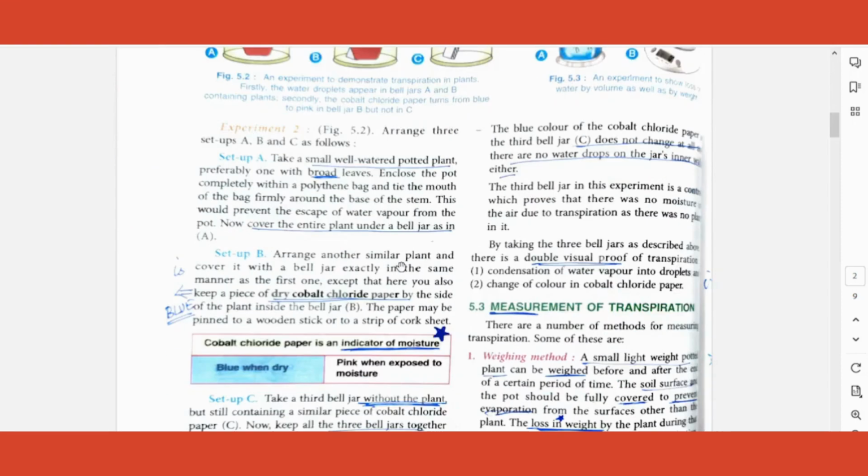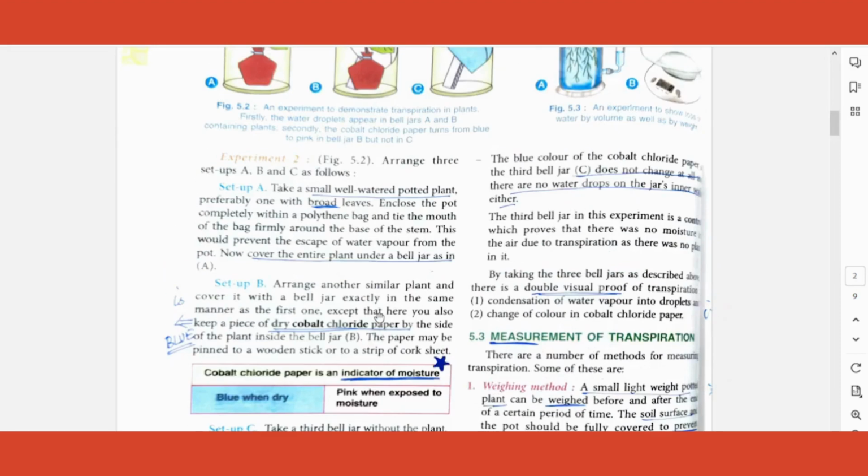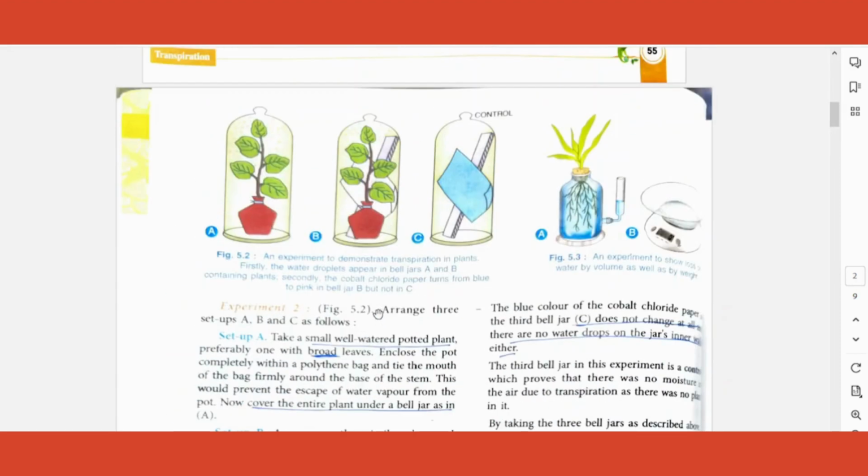Please remember, there will be one question for you. Cobalt chloride paper indicates dash. First option given to you would be transpiration. Please don't take that as the correct answer. It cannot check transpiration. It can only check water, if water is there or not. You take cobalt chloride paper and add a drop of water to it, it will still turn pink.